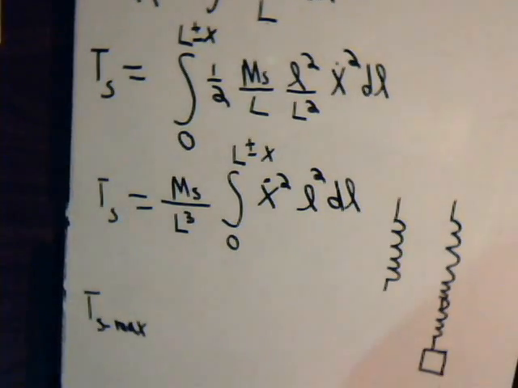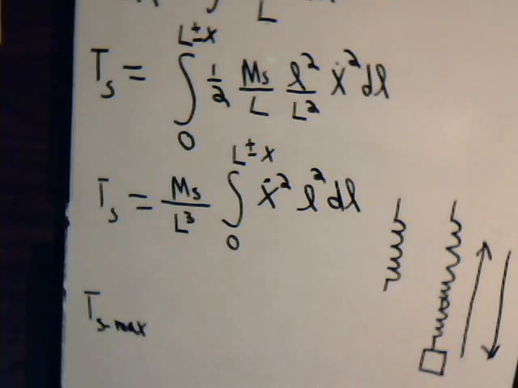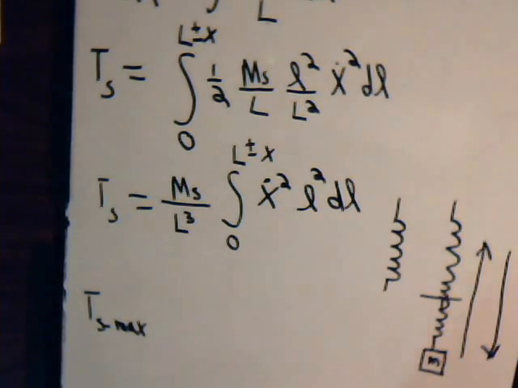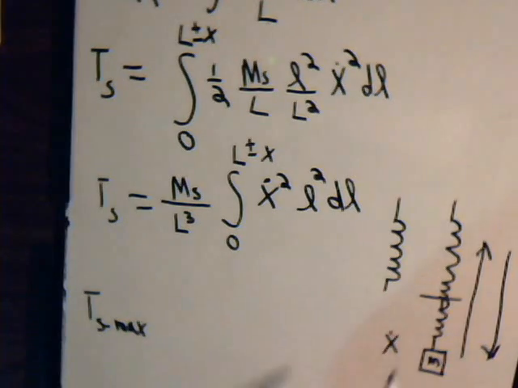And this block is moving up and down. Here's the equilibrium point, the block of mass m, moving up and down, and we designate its velocity as x dot. It's in the x direction. x dot is dx/dt.